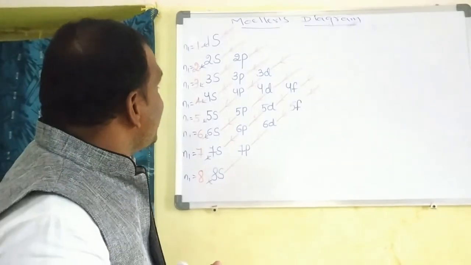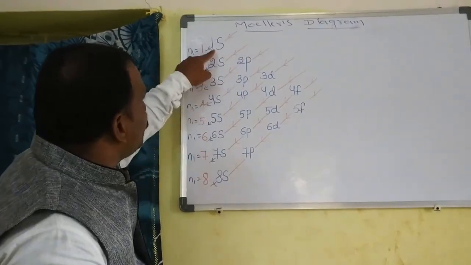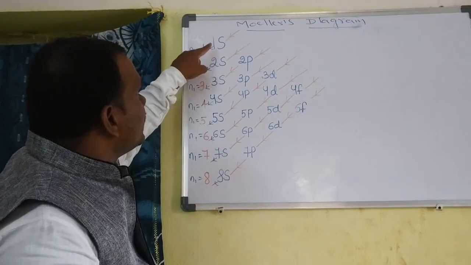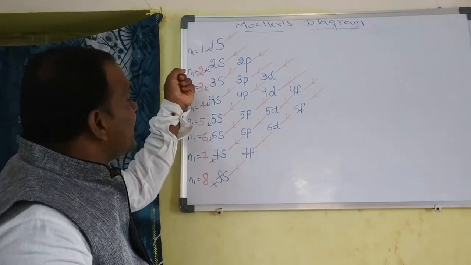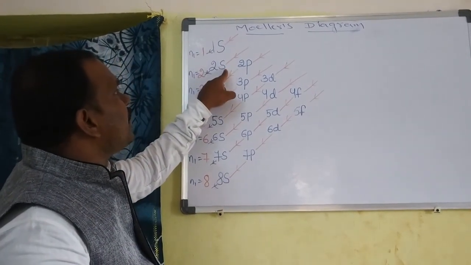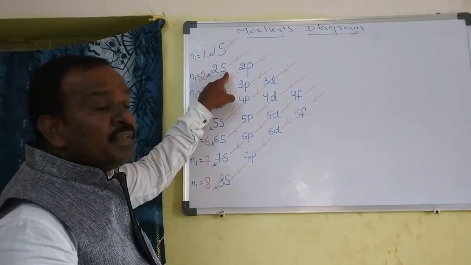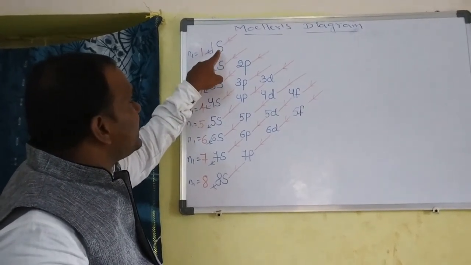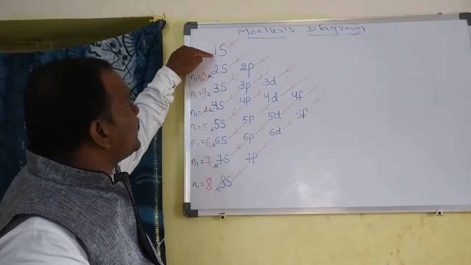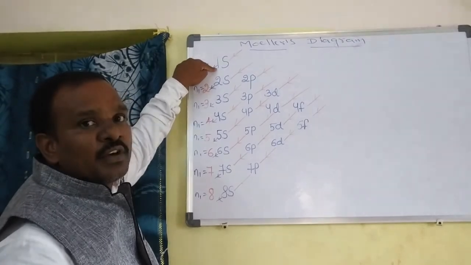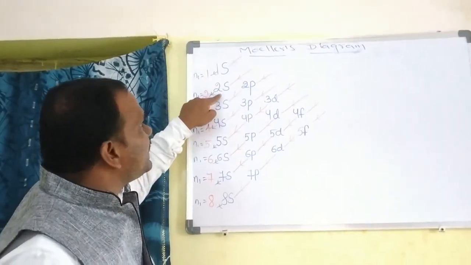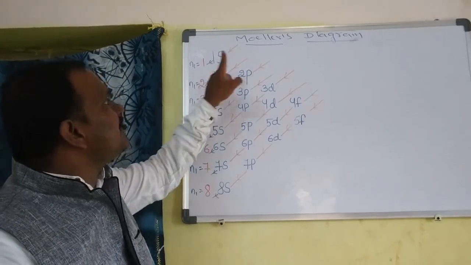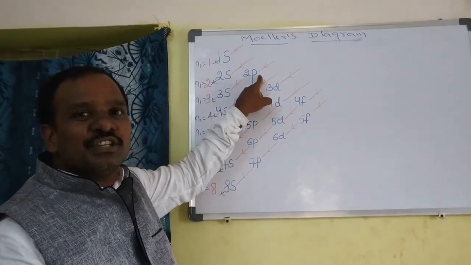You see, the electrons are entering into the 1s orbital first, later the higher energy orbital 2s. After completion of the electrons in 1s, the electrons are entering into 2s. Next the electrons are entering into 2p.